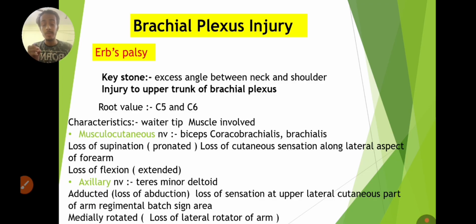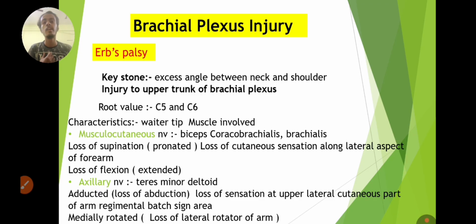So if the biceps brachii is paralyzed due to musculocutaneous nerve injury, there will be a loss of supination, because biceps is a supinator as well, in the semi-flexed or mid-flexed position, which you have to remember. So if supination is lost, pronation will be present, that is the P in APME. I have justified why pronation happens: because supination is not there due to paralysis of the biceps.